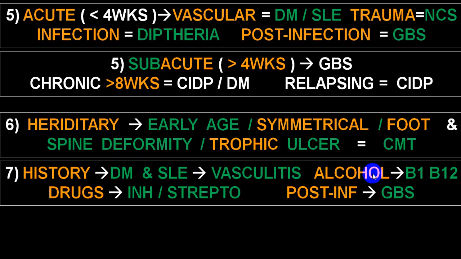History of alcohol is because of B1, B12 deficiency. Drugs history, Isoniazid and streptomycin, classical example. Previous history 2 to 3 weeks before the onset of peripheral nervous system involvement, do suspect GBS.